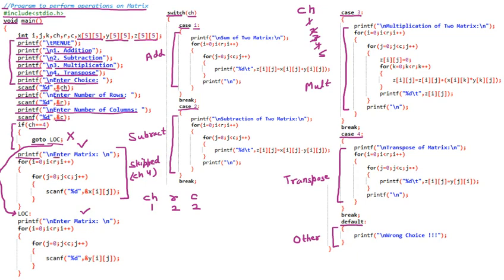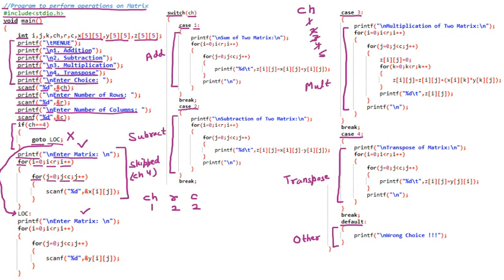printf enter matrix. So a message on the user screen, enter the matrix. For i is equal to 0, i less than R, which is 2, i plus plus. For j is equal to 0, j less than 2, j plus plus.